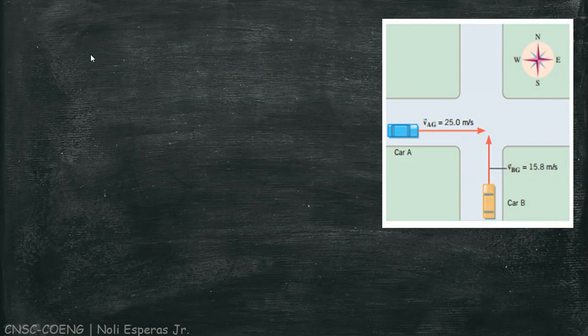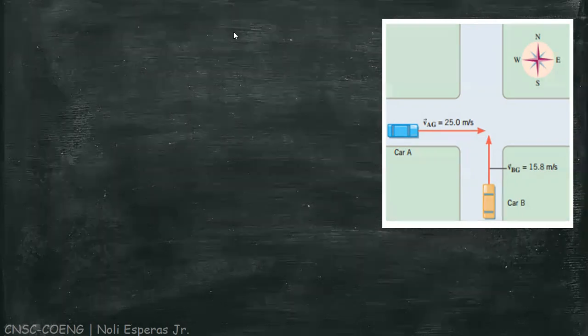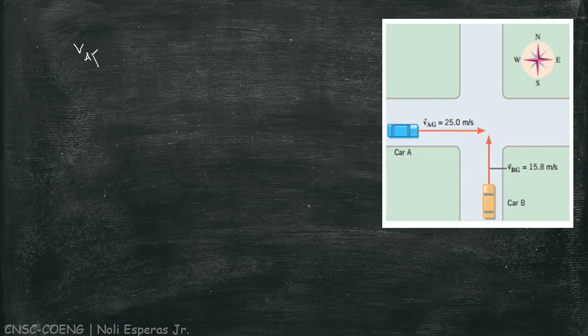Okay, so we are looking for V_AB, which is equal to V_AG plus V_GB.